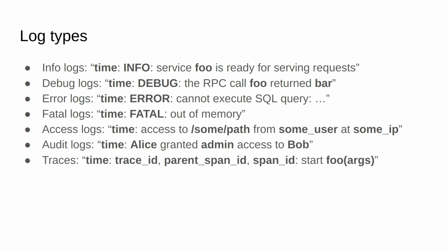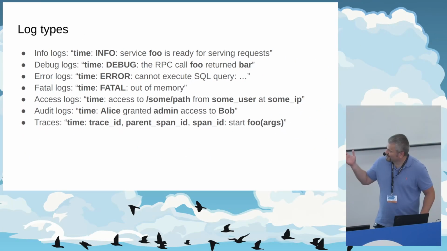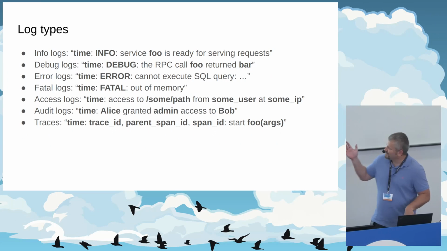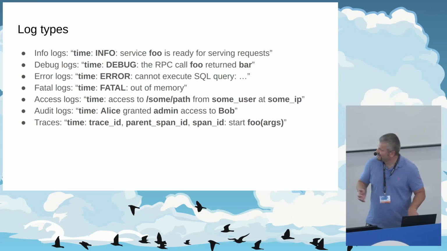And there are traces. This is also some kind of logs which allow you to trace the execution path of your request to the system, or to a system which consists of multiple microservices. As you can see, all the log types have some common structure. All these log types have a timestamp. That's one common structure of the logs, the timestamp. Also, log types usually have some level: info, debug, error, fatal, and so on.